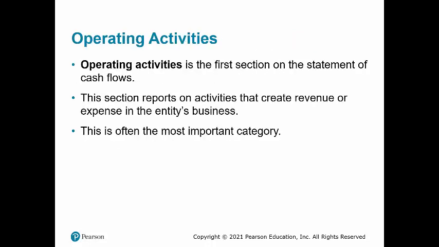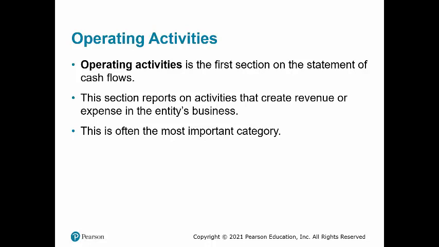So first of all, let's talk about the operating activities. They are shown first on the Statement of Cash Flows. This section is going to report on the activities of the business that create the revenue or the expense for that business.